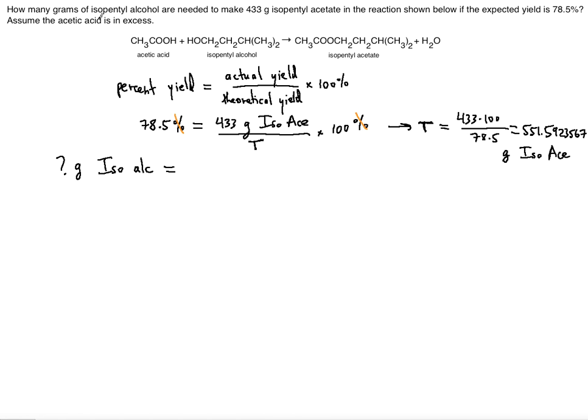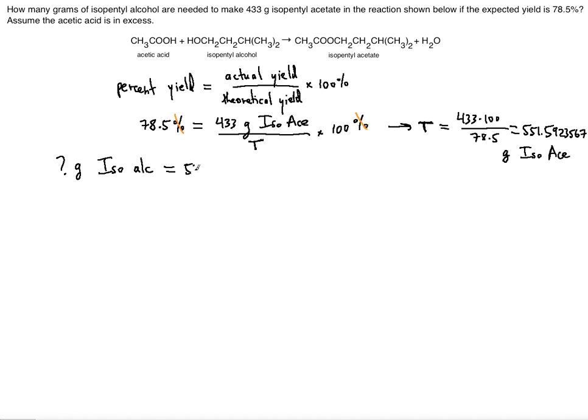Based on the product amount, 433, the actual yield, it asks how much is going to be required of the reactant isopentyl alcohol. So we already found the theoretical yield of 551, and we're going to use that to find the number of grams required of the reactant isopentyl alcohol.